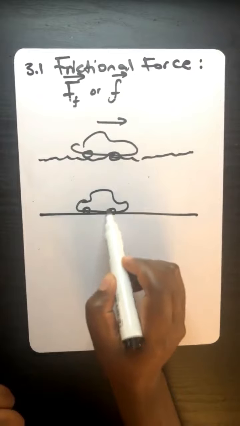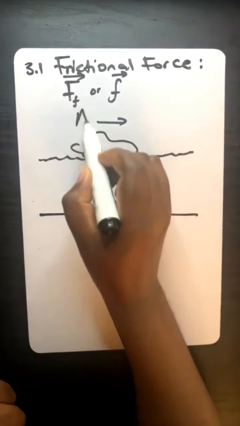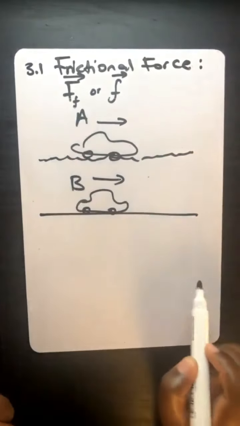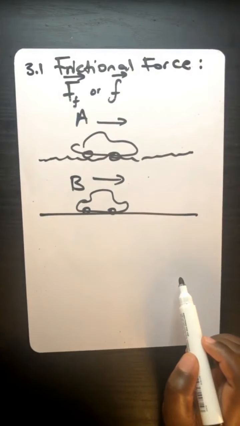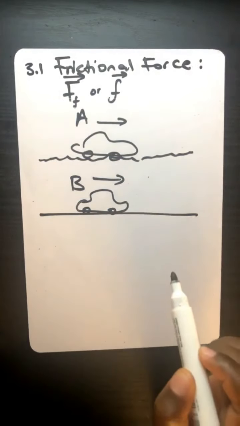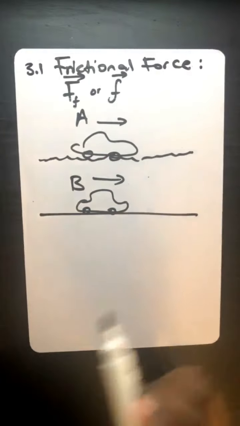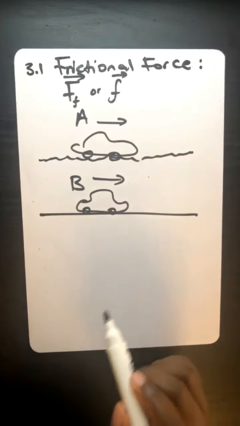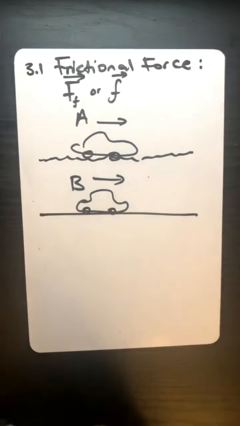Here comes the question, guys. Between car A and car B, which one is going to experience more frictional force? And what is the reason for that? Remember, mention your name, unmute, make your point, mute.